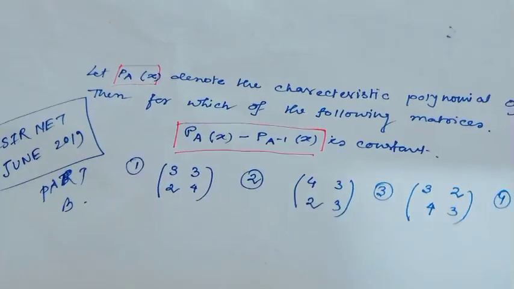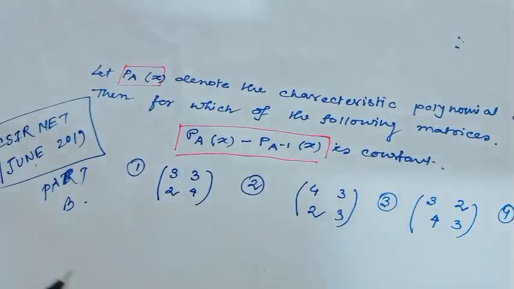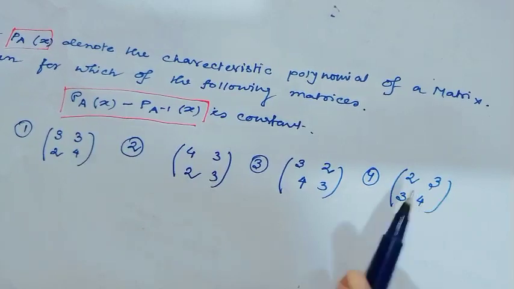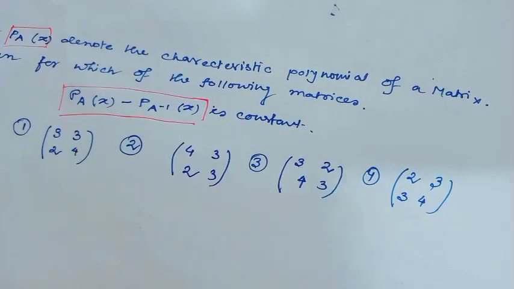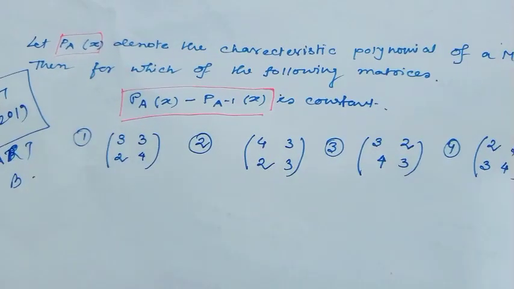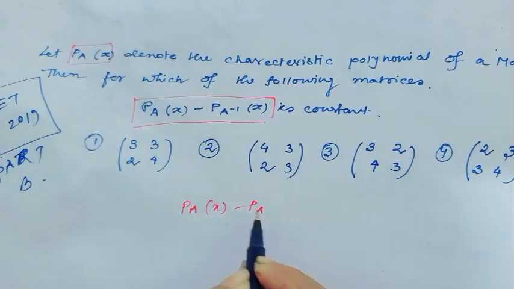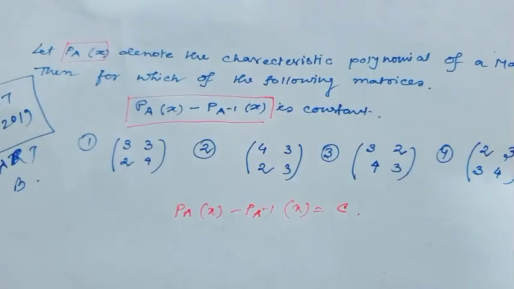Option 1, 3 3 2 4; option 2, 4 3 2 2 3; option 3, 3 2 4 3; and option 4, 2 3 3 4. Which of the following matrices makes it constant? Here p_A(x) minus p_A inverse(x) is equal to a constant, given.